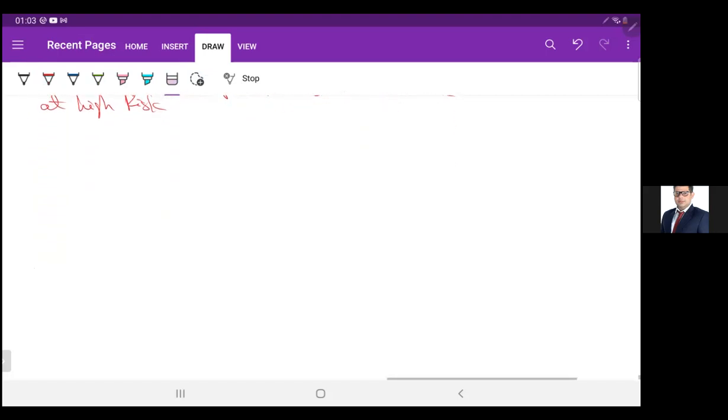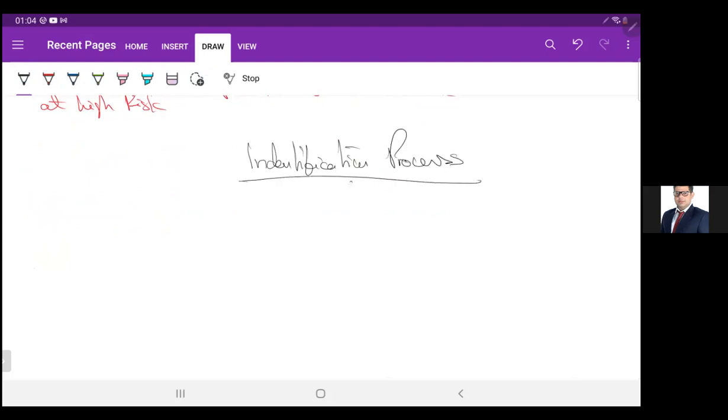Now, next question, the identification process of the clients. So, firstly, let us look at this for individuals. Inspection of evidence to establish identity. What can be the identification process?